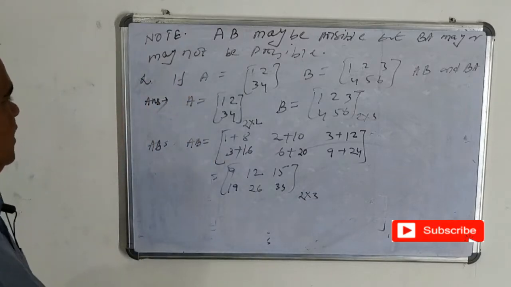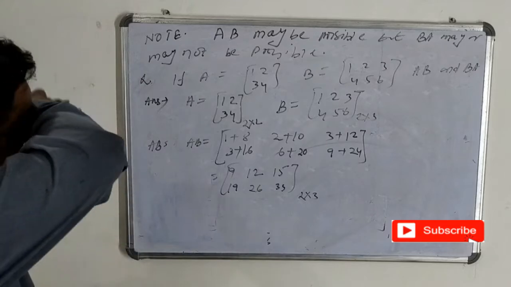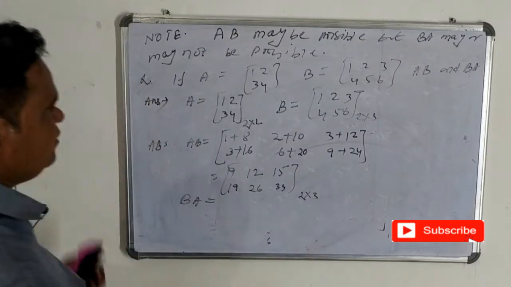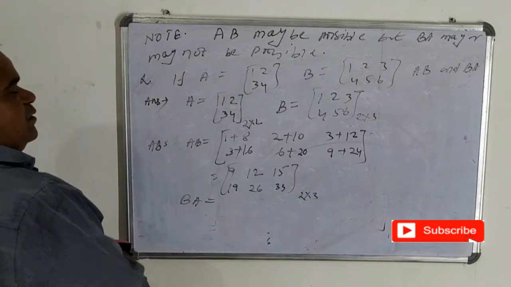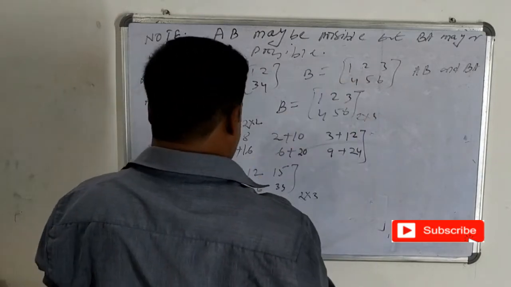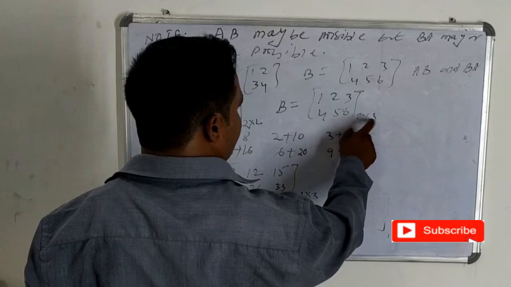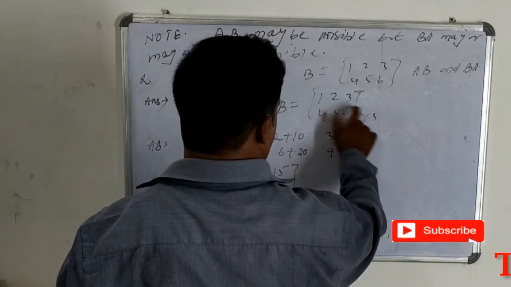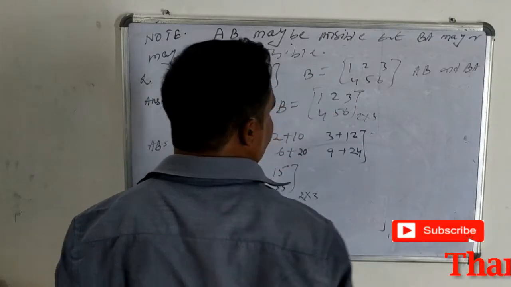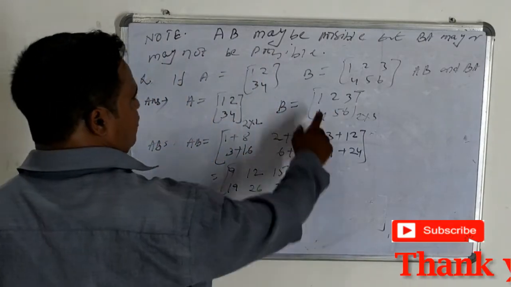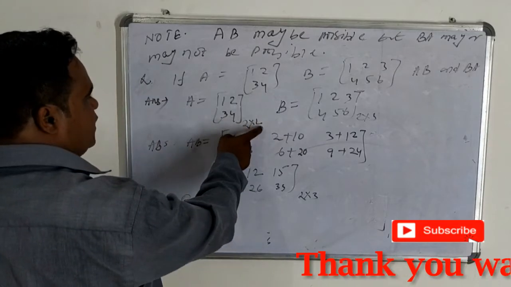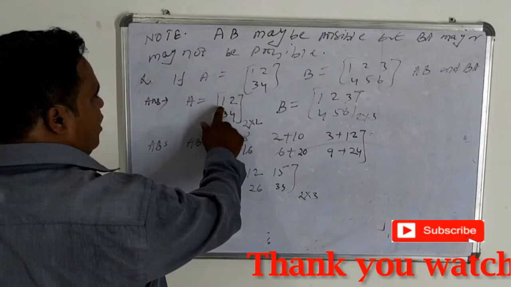Alright. AB is found, but is BA found or not? First we check the B matrix, whose order is 2 by 3, that is 2 rows 3 columns. The number of elements in the row of B is 3, multiplied by A, whose order is 2 by 2, whose first column has 2 elements.